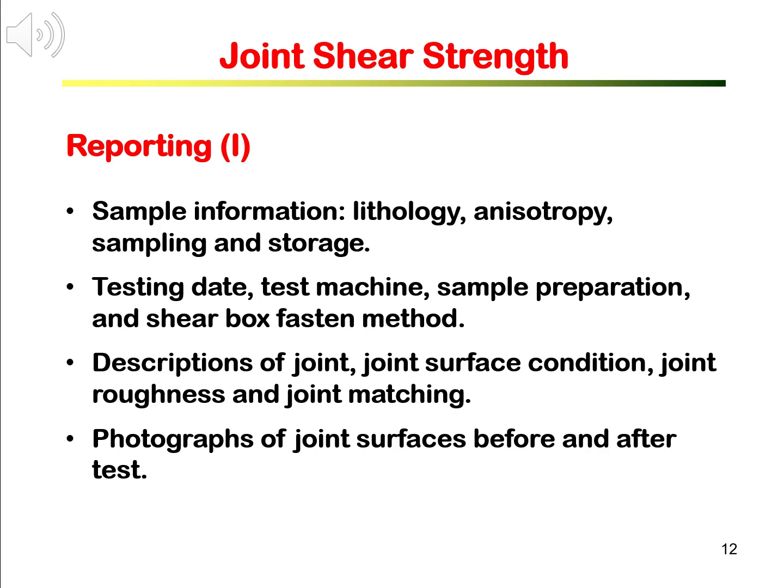C. Description of joints, including joint surface condition, joint roughness, and joint matching. Measurements of joint surface profile, at least along 3 alignments on each side of joint, should also be presented.